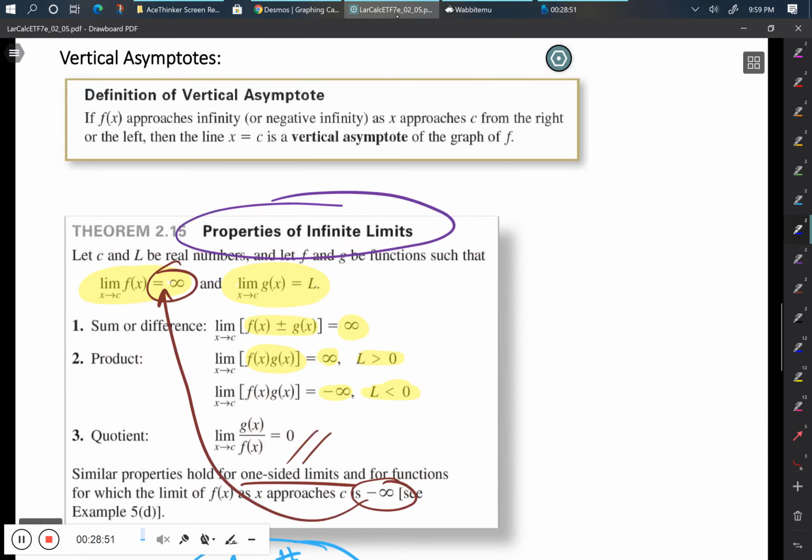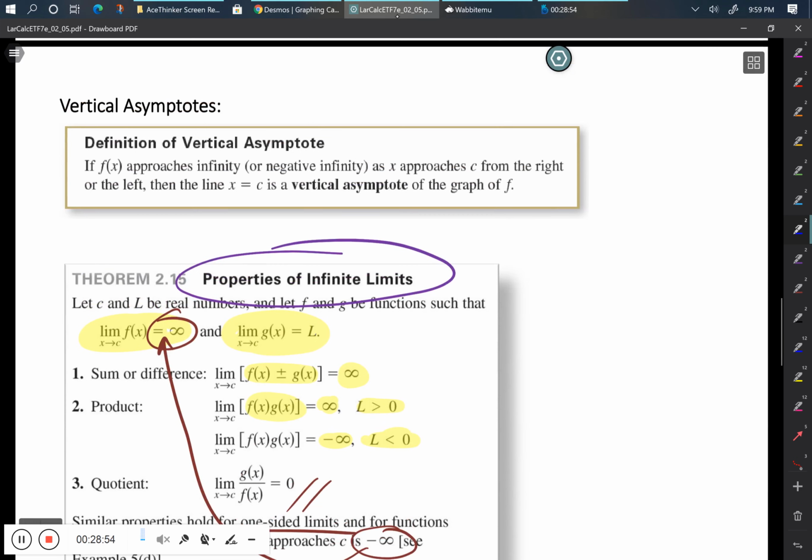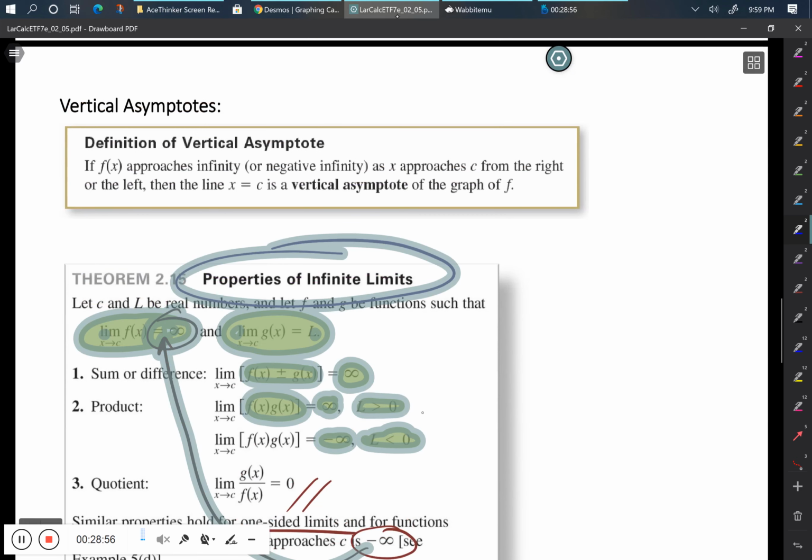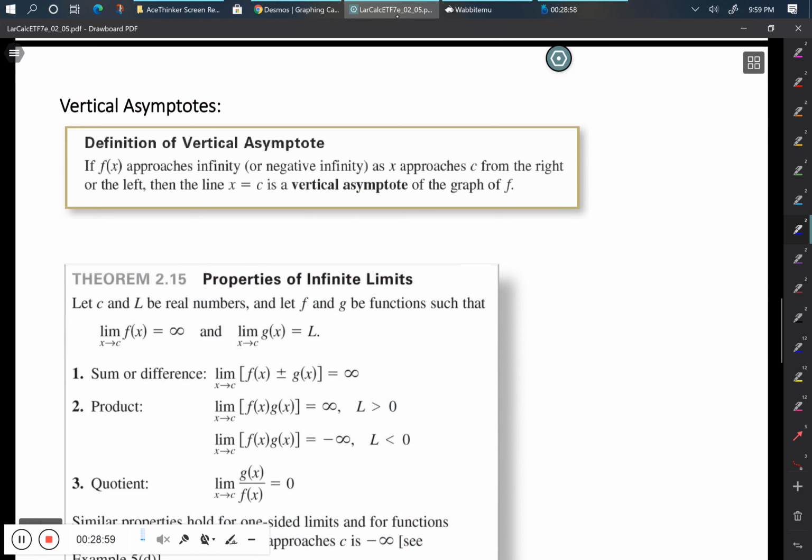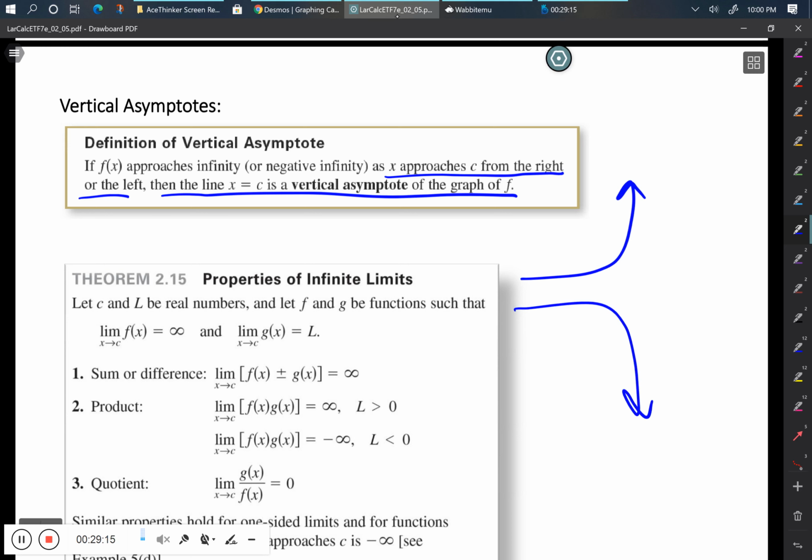We are saying that if a function approaches infinity as x approaches c from the left or from the right, then the line x equals c is a vertical asymptote. So if the graph goes up, vertical asymptote. If the graph goes down, vertical asymptote. Or any pairing of two of those pieces.